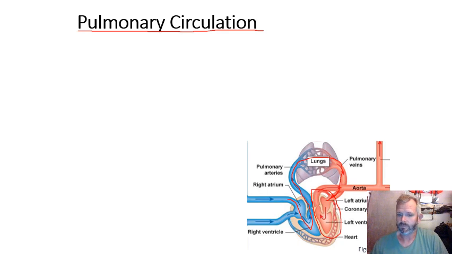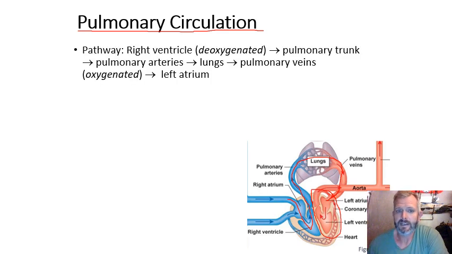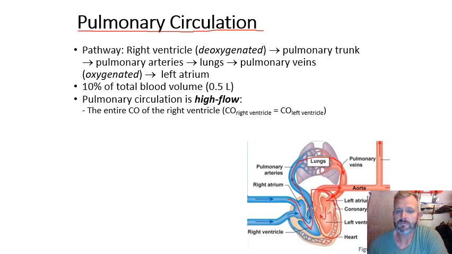So we have to pump 6 liters of blood through here, but you can see the amount of vessels. We're not pumping out throughout the body, we're just pumping up to the lungs and back to here. So we need to flow the blood through here very quickly. That makes it so that this right side has to be high flow.